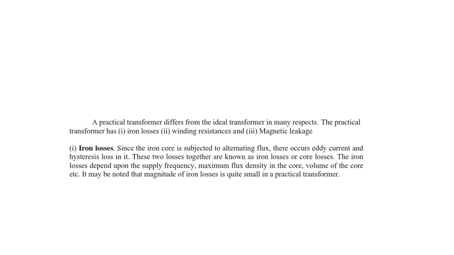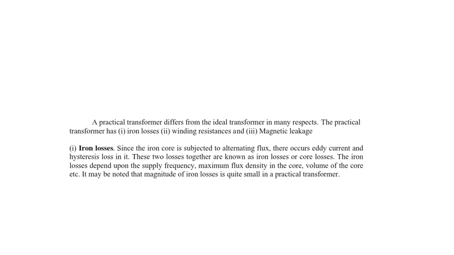Iron losses: since the iron core is subjected to alternating flux, eddy currents occur. Generally, we prepare the coil by wrapping a wire on a hollow place or on some metal.